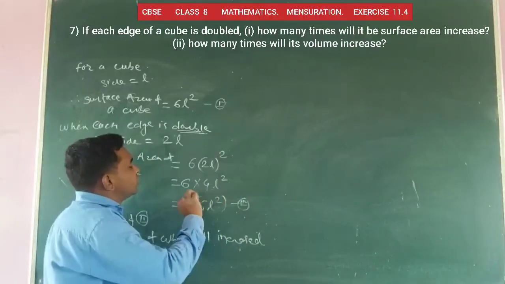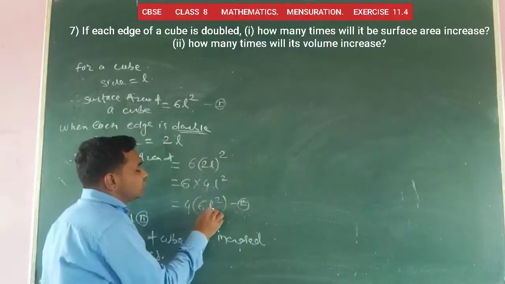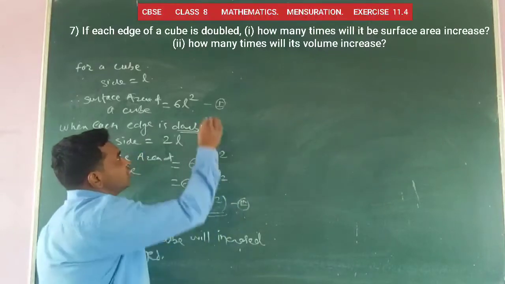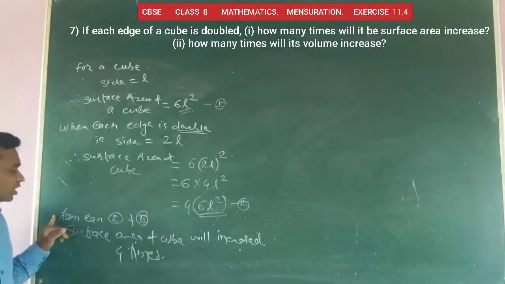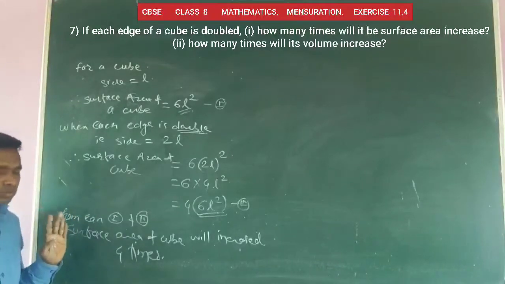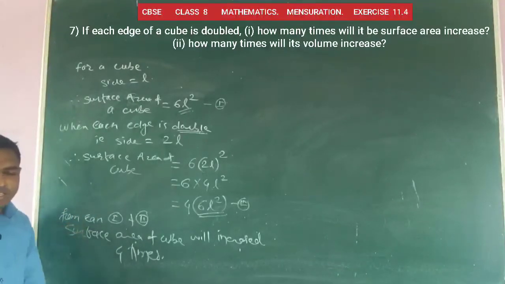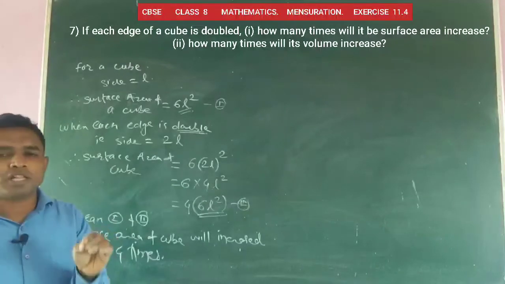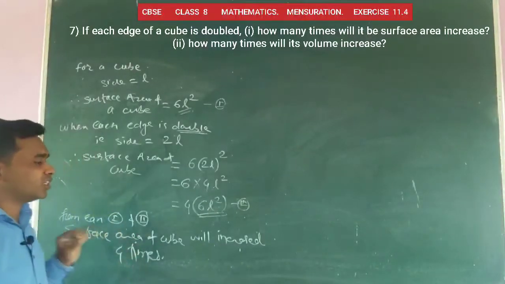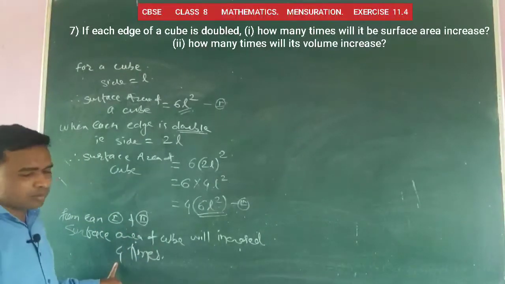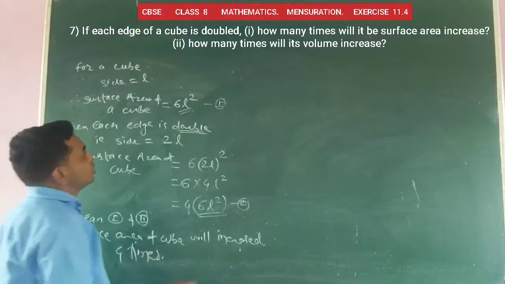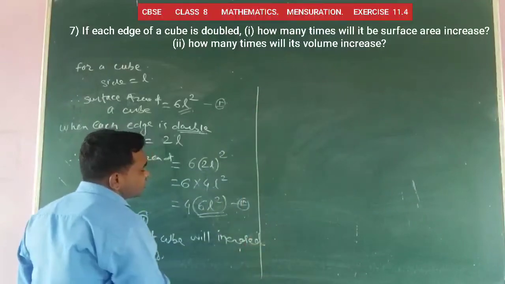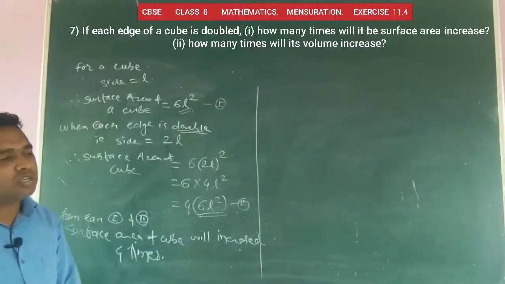Taking the 4 outside and 6 inside, 6L square is a similar quantity from equation number first. From equation 1 and 2 we simply write that when the side of a cube is doubled, the surface area is increased by 4 times. Understand? So this is the first part, and the same example repeats for a cube.